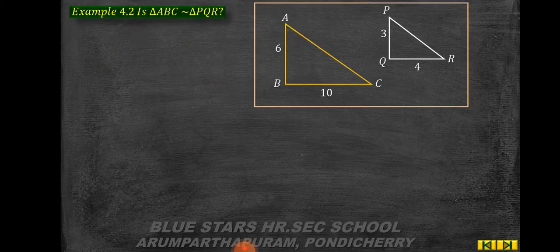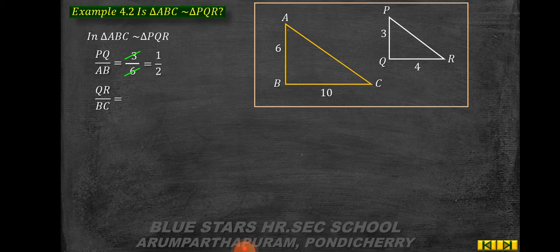Next one is example 4.2. Is triangle ABC similar to triangle PQR? So in triangle ABC and triangle PQR, PQ by AB is equal to 3 divided by 6. If you cancel, you get 1 by 2. Then we are taking the next side, that is QR by BC, which is equal to 4 by 10.